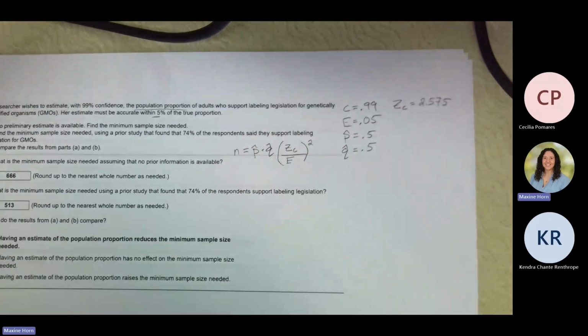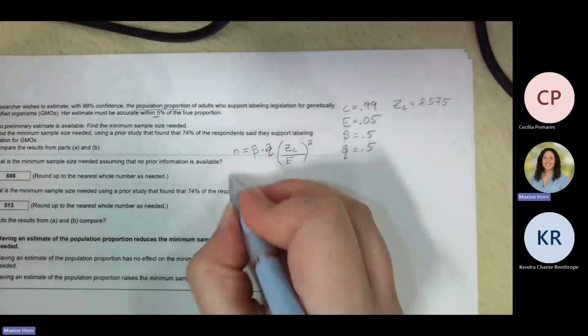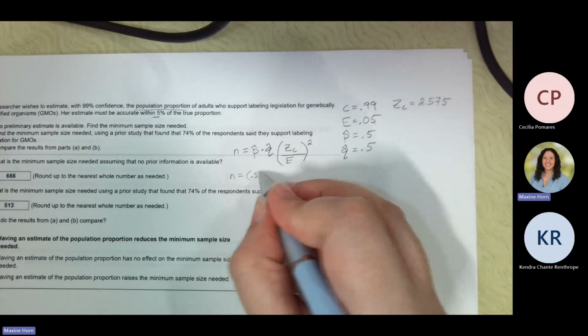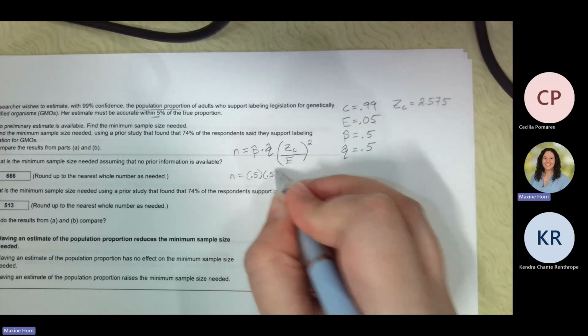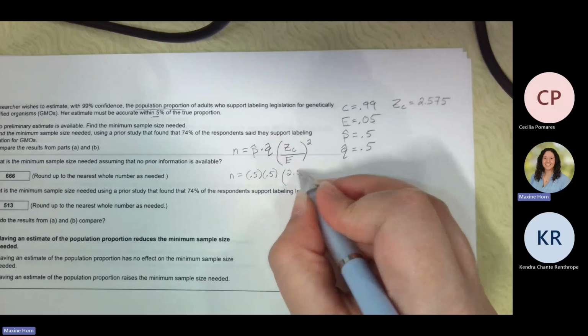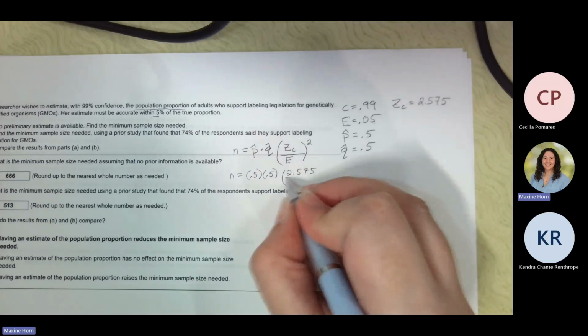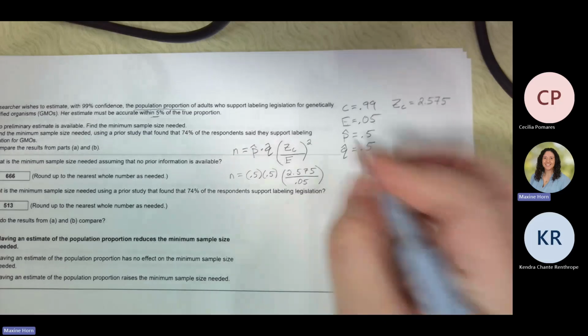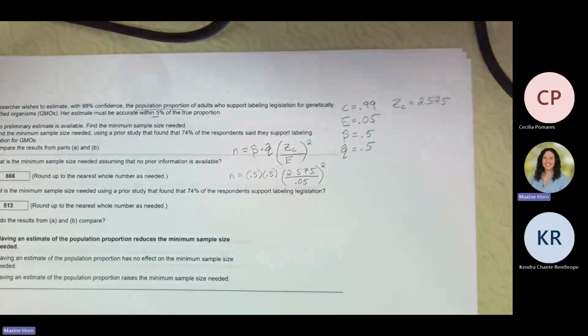All right, so we're going to take all this information, we're going to plug it into our formula. N equals p hat, that's 0.5, q hat, that's 0.5, z-score 2.575, our error 0.05, remember, has to be the decimal, and then square it.